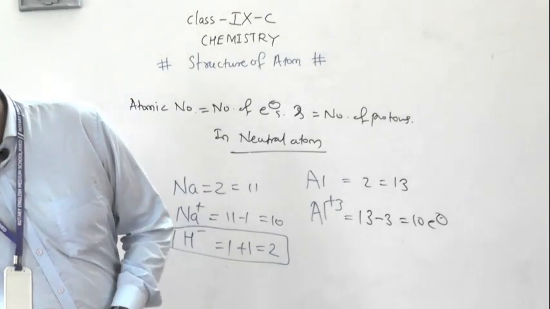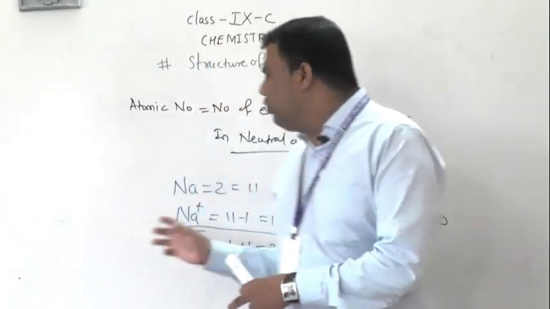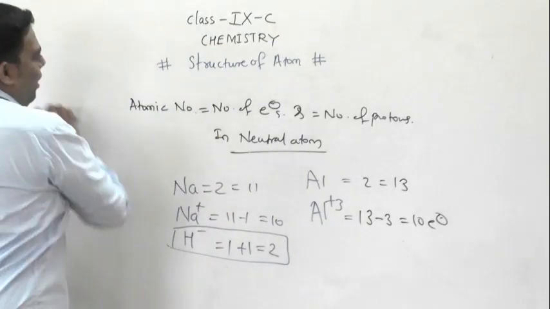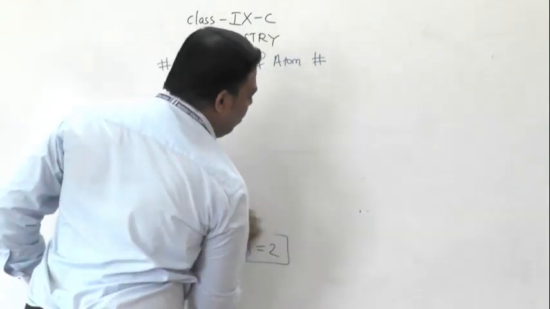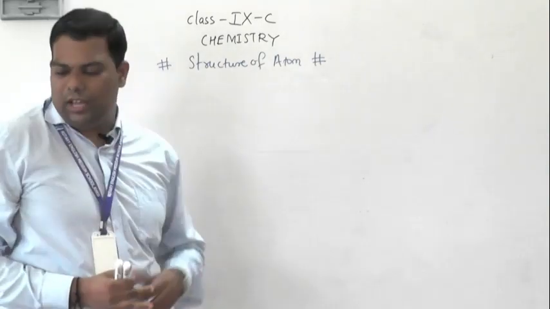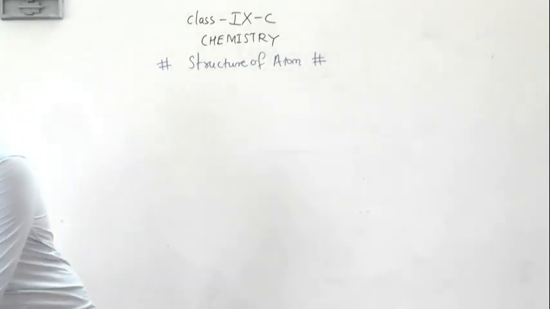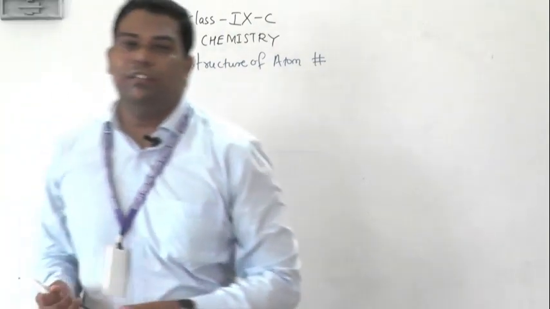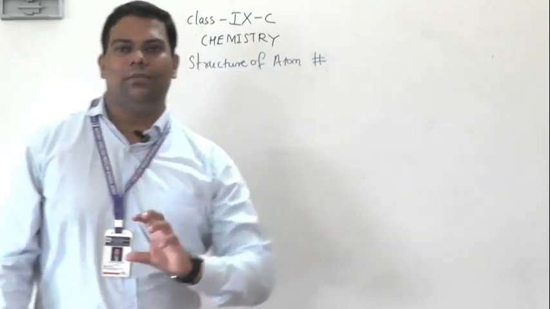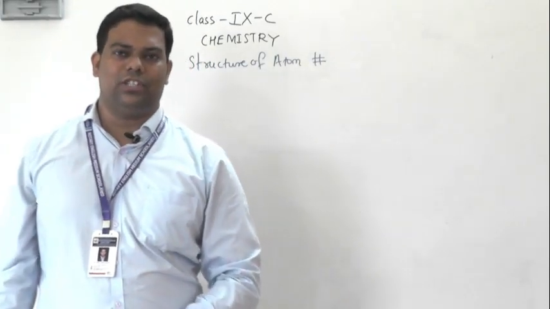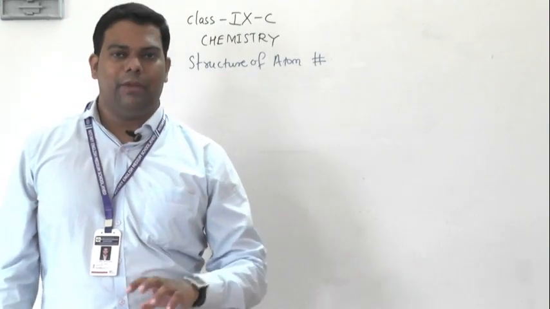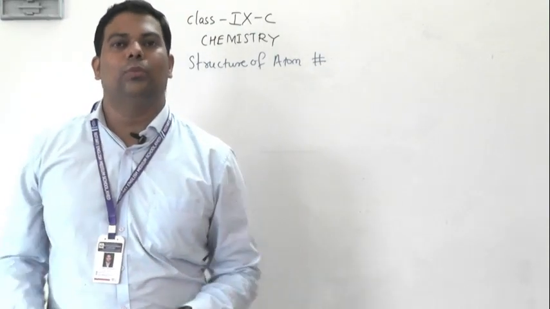Now you have understood the neutral atom. Pay attention to the next point. Whenever a reaction happens, only the electrons of that atom take part in the chemical reaction, not the protons.